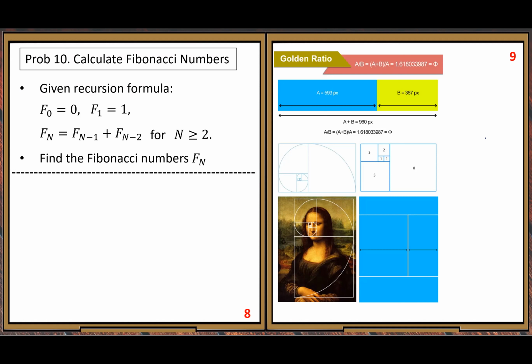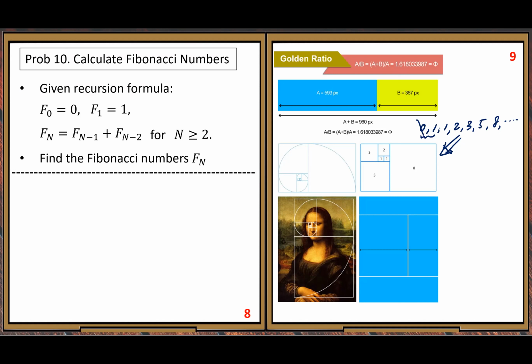Look at this figure here. We know the Fibonacci numbers: F0 is 0, F1 is 1, F2 also 1, the sum of the previous two numbers, and then 2, 3, 5, 8, and so on. Then the 0, the first one, because 0 means nothing, right? So we drop it.